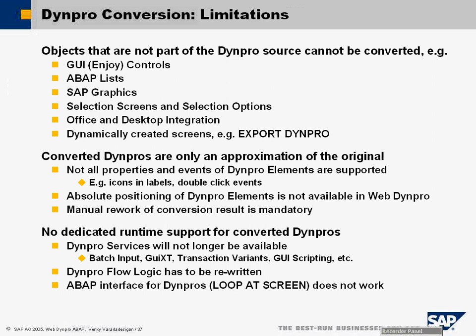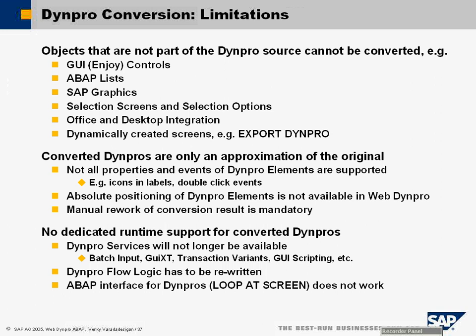All right. So of course the Dynpro conversion has limitations. What kind of limitations? It cannot handle the enjoy controls, GUI controls, and it cannot handle the desktop integration, SAP graphics, and ABAP lists and stuff like that. Okay, and also dynamically rendered screens cannot be converted, only the static ones.